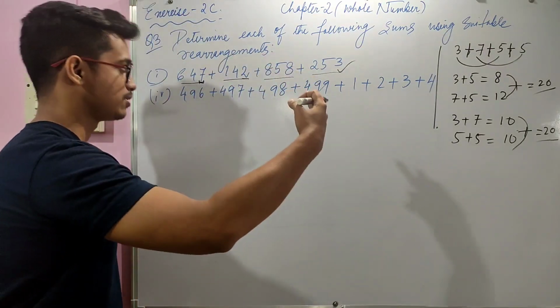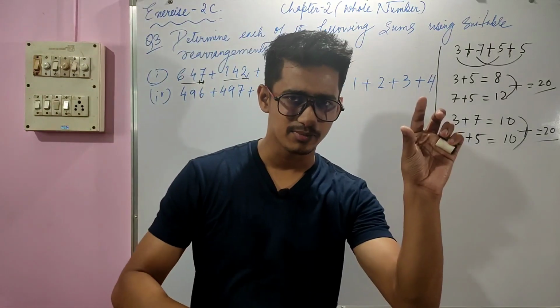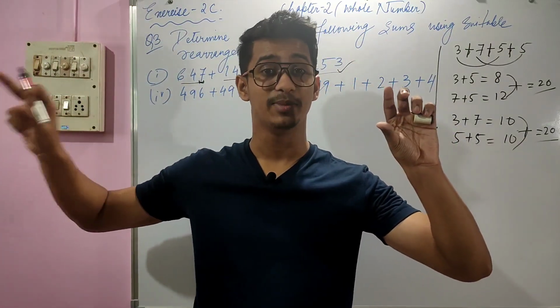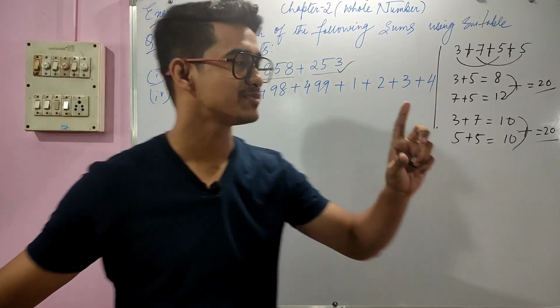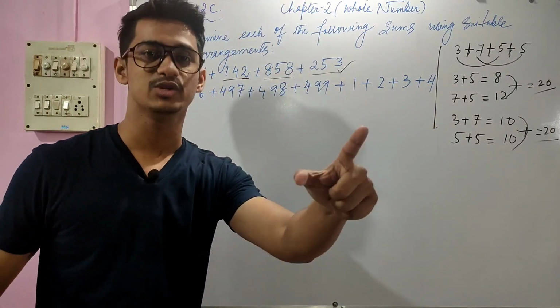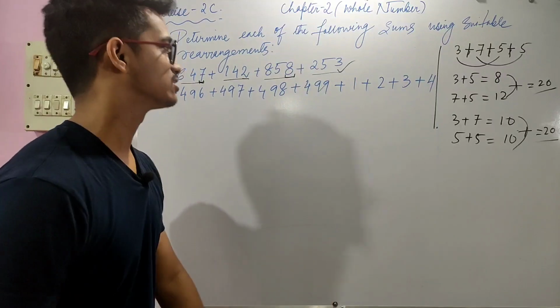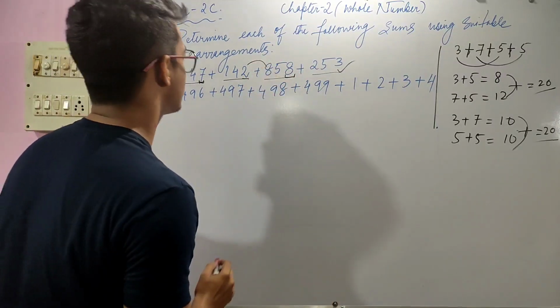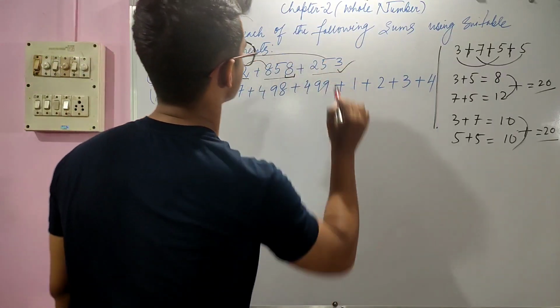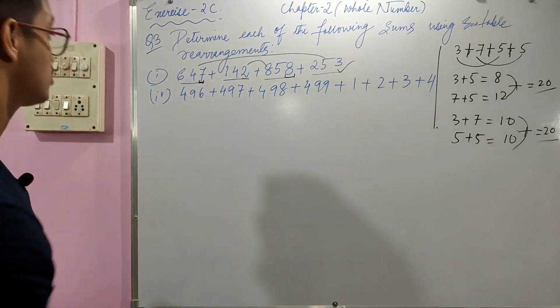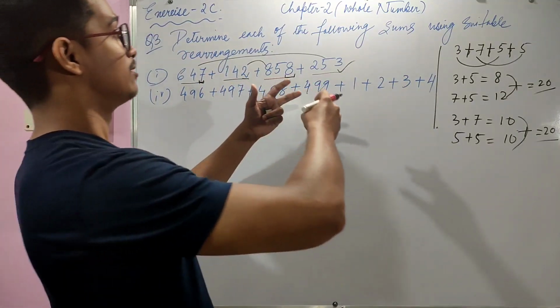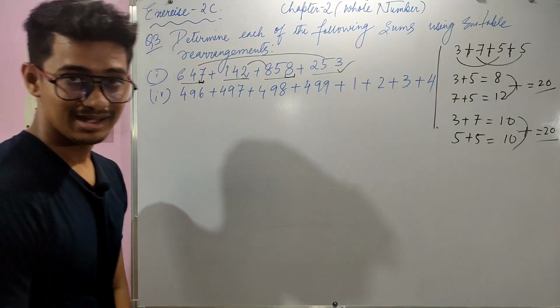What should fill it so that the result will be 10? 2 plus 8 gives you 10, and here at the ones place 8 is there. So these two numbers get paired up with each other, and these two get paired up with each other, and that will be our suitable rearrangement.